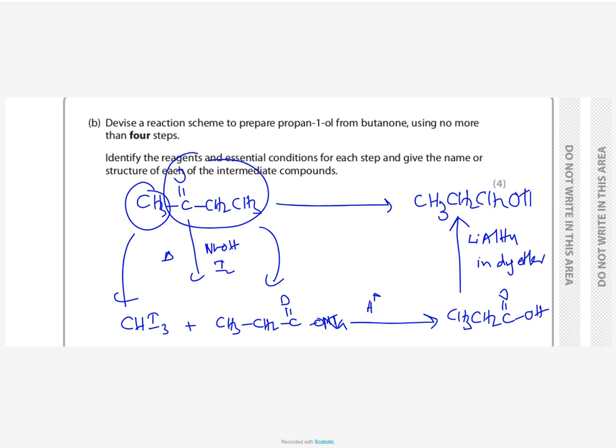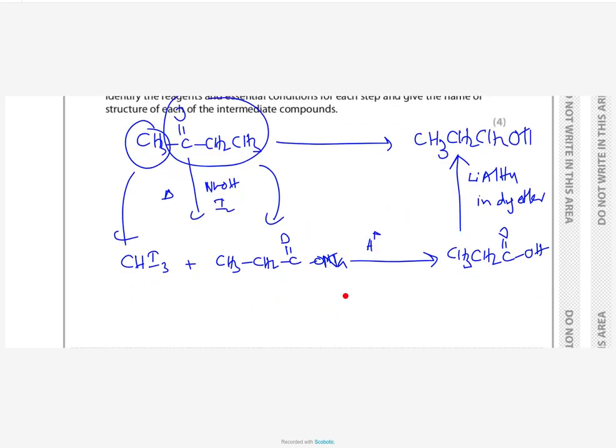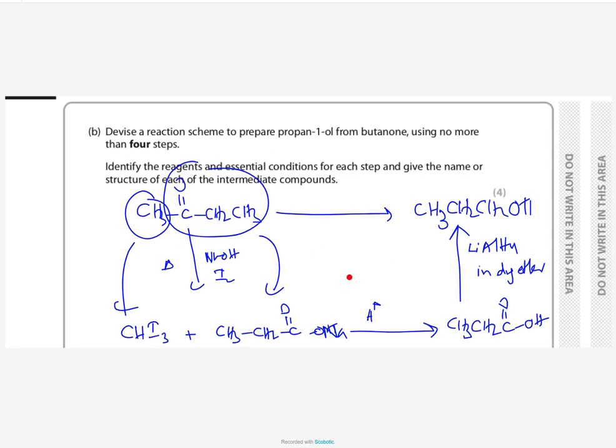Reduction cannot be done by sodium borohydride because sodium borohydride is a selective reducing agent, so it has to be only lithium aluminium hydride. The question: is it acceptable if we draw it like this, or must we explain? You can explain also, but I prefer to draw like this because it's much easier, because we have done so many conversions, right? So it's acceptable to draw.